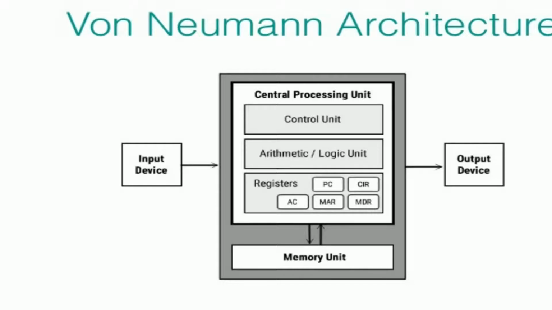We will see in computer organization and architecture what a control unit is, what the arithmetic logic unit is, what the registers are, what the memory unit is. We will see each and every component in detail in our forthcoming lectures. But for the time being, we are going to discuss only the structure of the Von Neumann architecture. This architecture talks about the data and instructions all together in a memory.